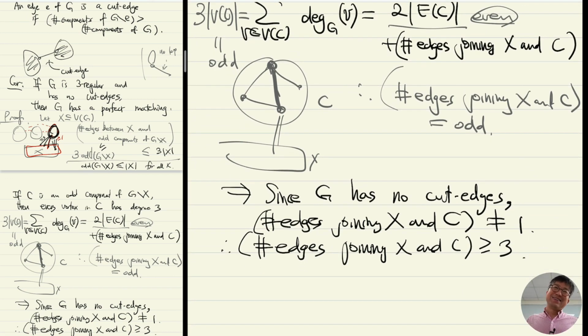So, in many cases, when you write a proof, you have to be careful whether you're assuming that X is empty or not.